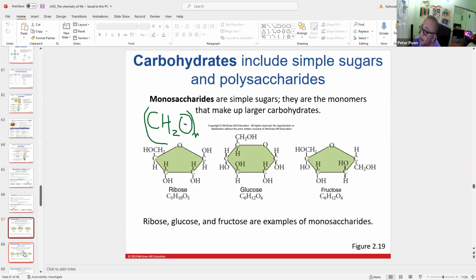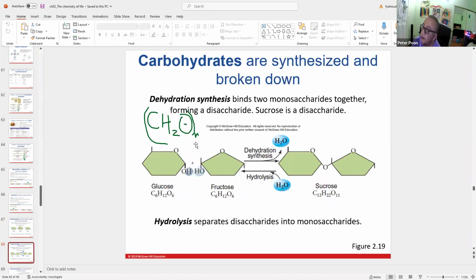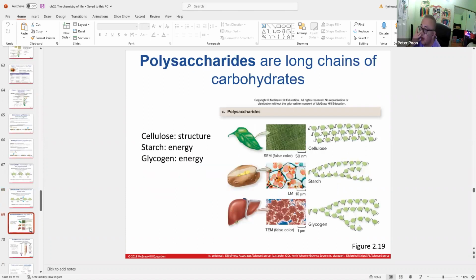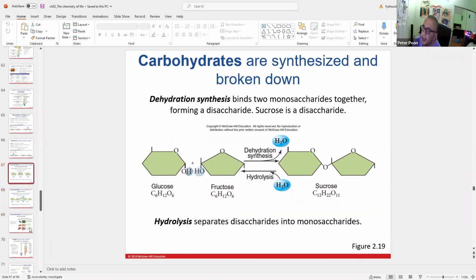I take single unit sugars and combine them to form 2 unit sugars, which are disaccharides. Many unit sugars are polysaccharides. Single unit and 2 unit sugars we usually use for quick energy.